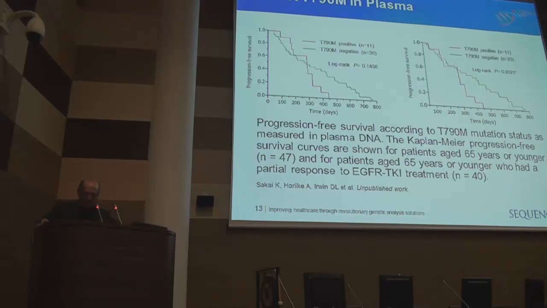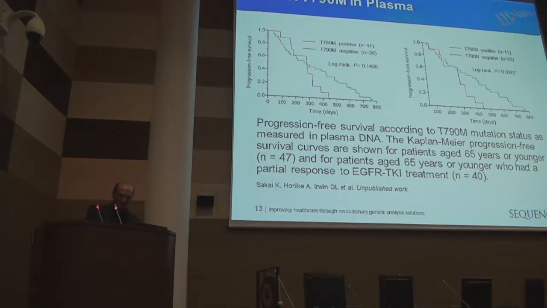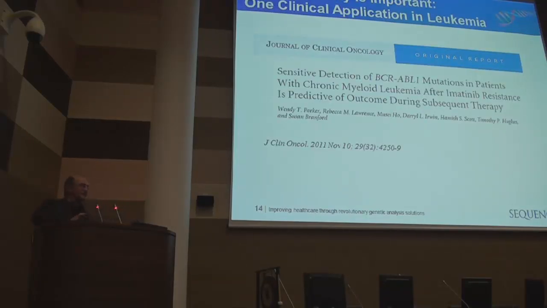Okay? So this is just one example, a very simple example, of how by looking at a very rare DNA sequence, in this case in cancer patients, you can make informed clinical decisions. And here's another example that's very similar in flavor. CML, chronic myelogenous leukemia, is a very serious disease. And it's caused by a chromosomal rearrangement.